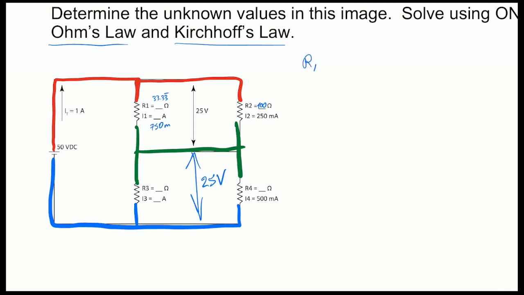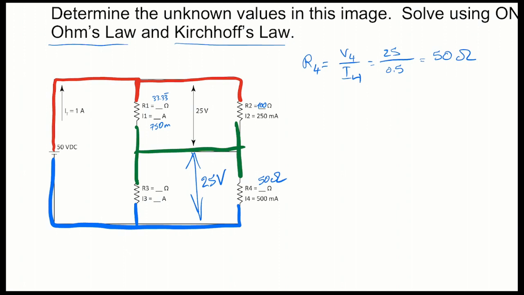So R4 is going to be equal to V4 divided by I4. And in this case, it's 25 divided by 500 milliamps, which is half an amp. And that is going to be 50 ohms. So that's 50 ohms. Right, now we're left with I3 and R3.